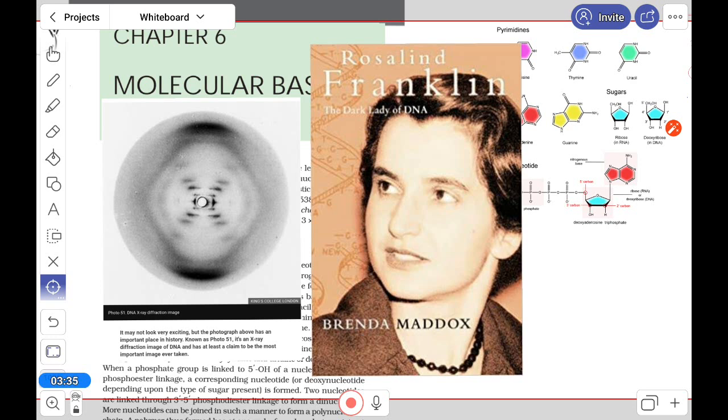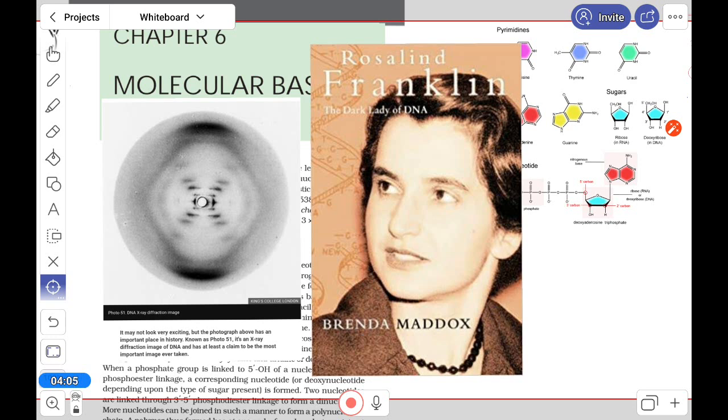The double helix, the spiral structure of the DNA, was first detected by Rosalind Franklin in 1952 at King's College London, by X-ray photography of the DNA. Here is the famous photograph, photo 51, the first DNA photograph, a very important image.